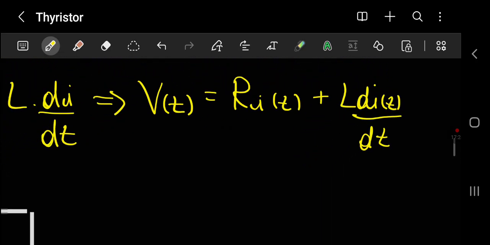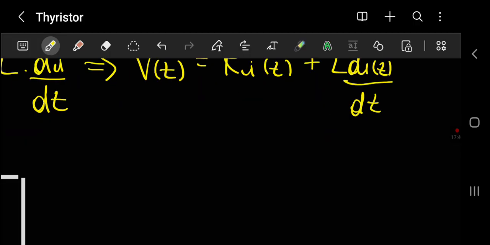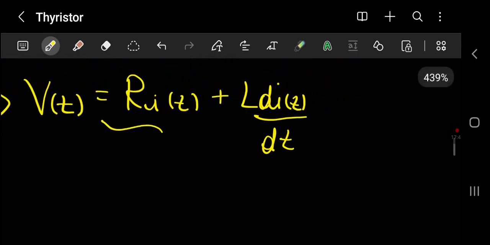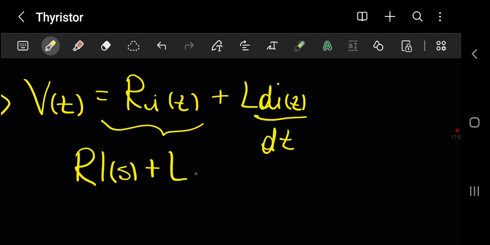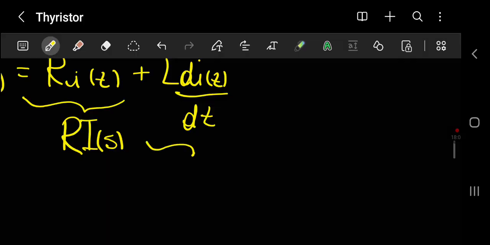And now applying the Laplace transformation on each term of this equation. Right here we're going to have it; it's not complicated.